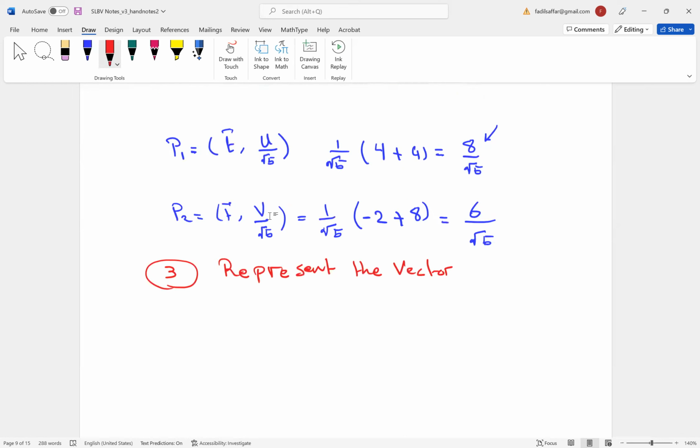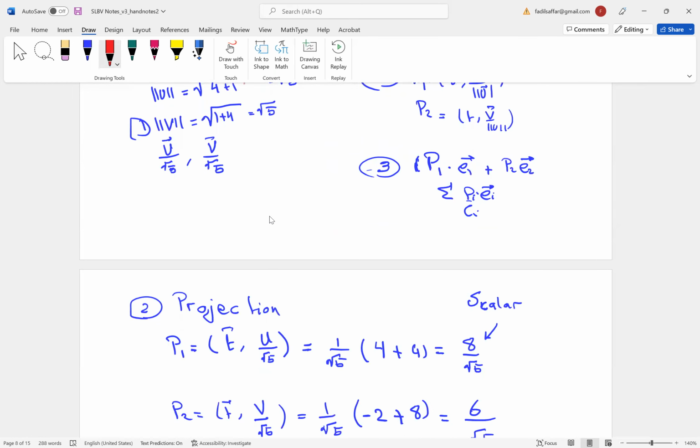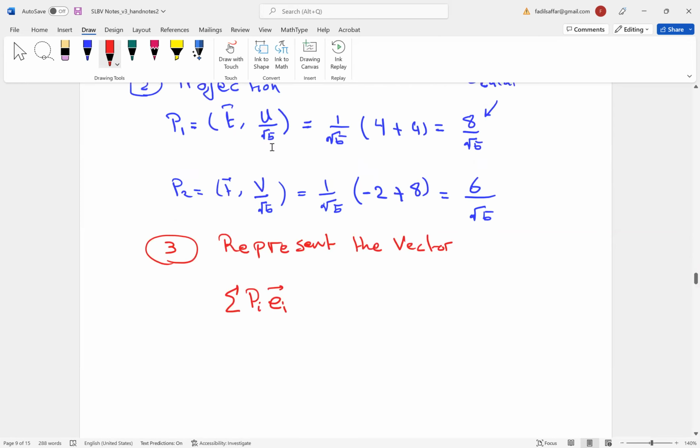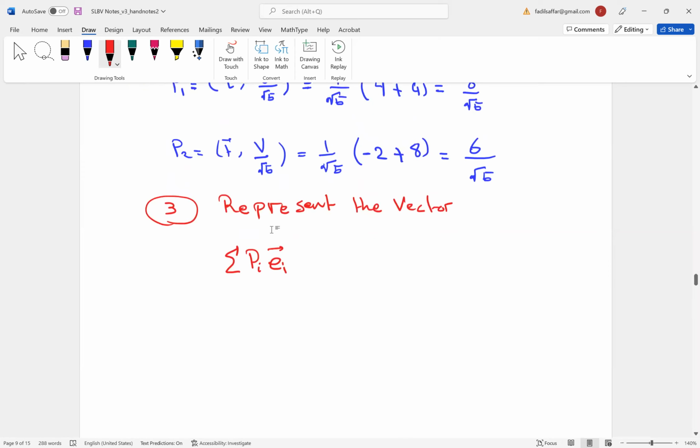And the way to do that, just like what we described here, is the summation of the projection 1 times vector 1 plus the projection 2 times vector 2. So let's write it here. That's the projection PI times the EI, which are the unit vectors, which in this case are u over square root of 5 and v over square root of 5.